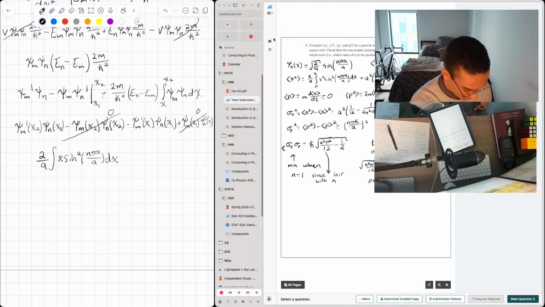From 0 to a. Yeah, you get a cosine. Yeah, because they're both odd. Wait, are they odd? Wait, is sine squared odd or even? Sine squared is even.